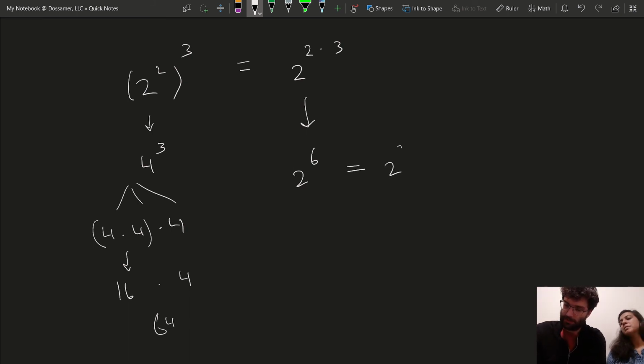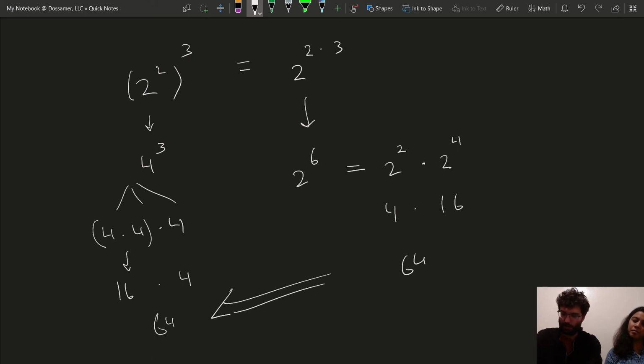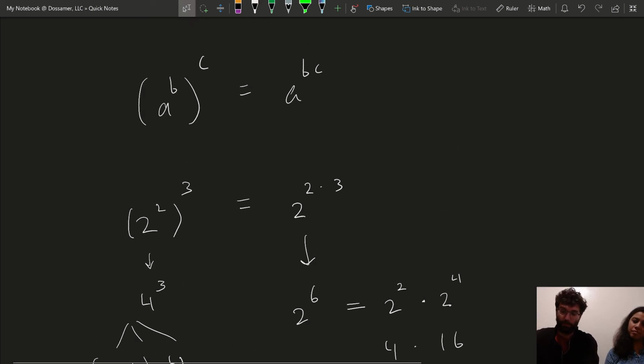There's a different way we can group. Here's where this gets fun: you can break things up and put them back together in different ways. 2 to the 6 is the same as 2 to the 2 times 2 to the 4, right?